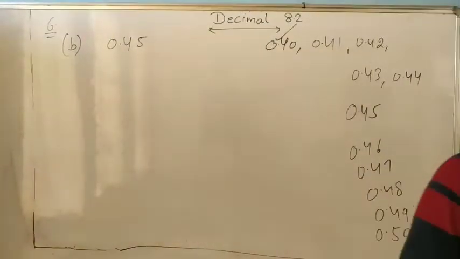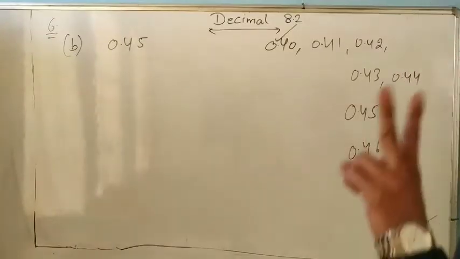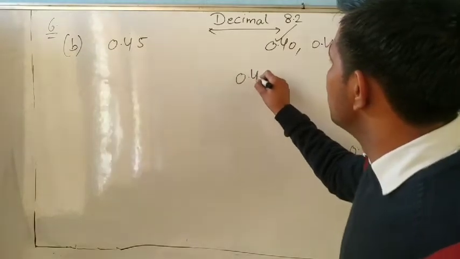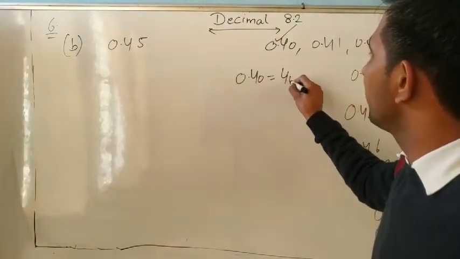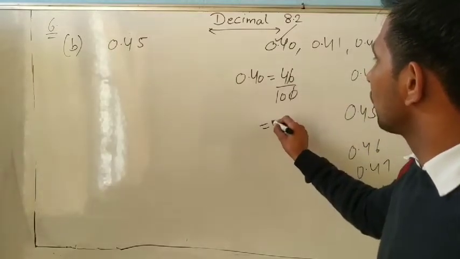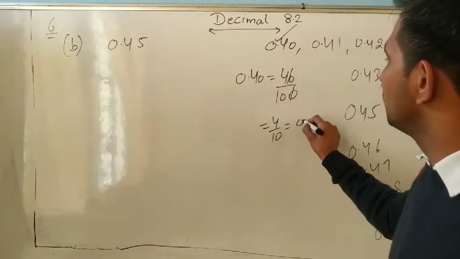In the question the examiner is asking us to find only up to the 10th place. So 0.040, what can we write? 40 divided by 100, cancel 0 by 0, so 4 by 10. What is 4 by 10? 0.4.